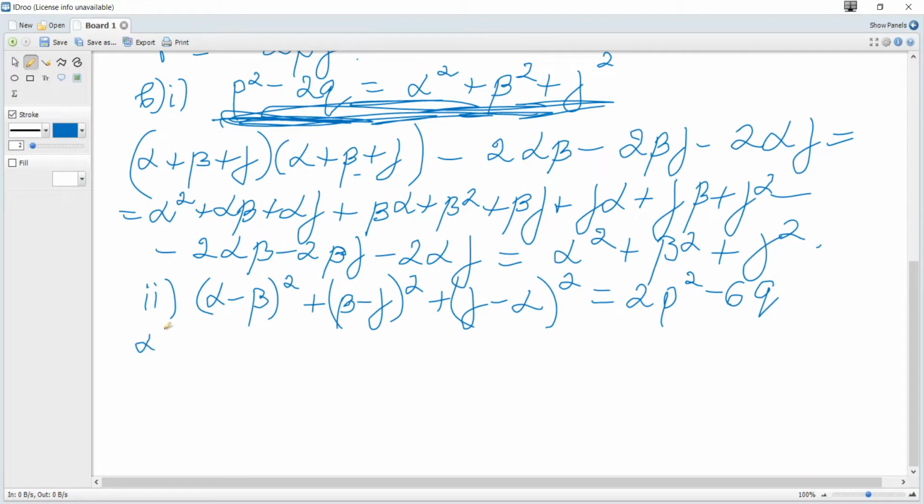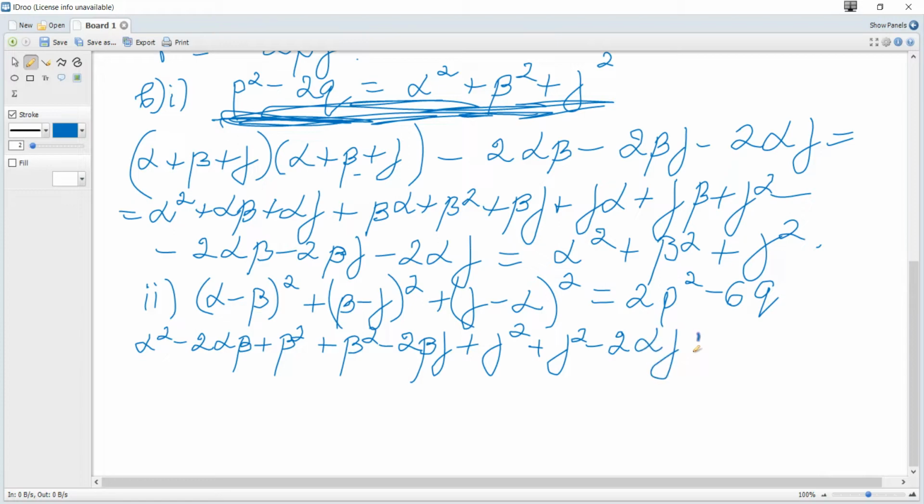So it becomes alpha squared minus 2 alpha beta plus beta squared plus beta squared minus 2 beta gamma plus gamma squared plus gamma squared minus 2 alpha gamma plus alpha squared.